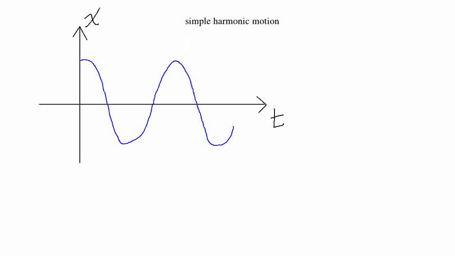So you might say that that's approximately simple harmonic. Okay? A mass moving back and forth attached to a spring undergoes simple harmonic motion. Okay? So whenever there's a corresponding function that can be described in terms of a sine or cosine function, we say it's simple harmonic motion.